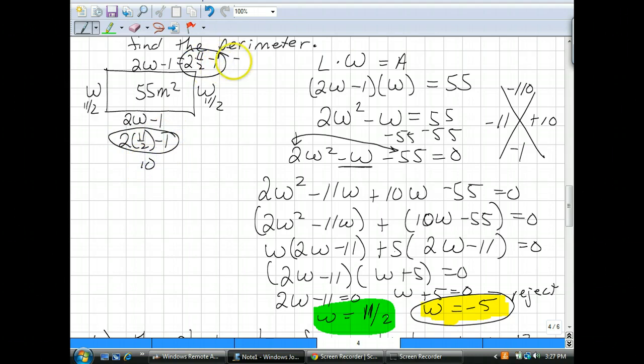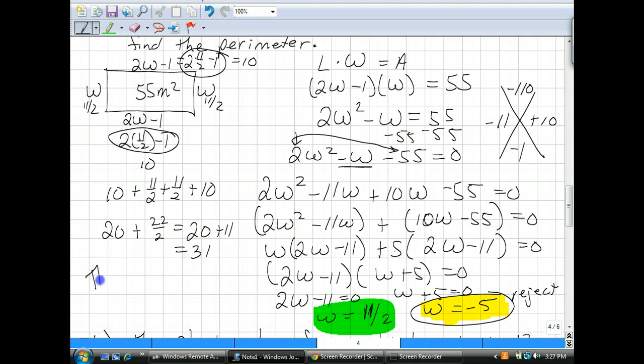This adds up to 10. So if I add up all the sides, I have 10 plus 11 halves plus 11 halves plus 10. So I have 20 plus 22 halves, which is 20 plus 11, or 31.